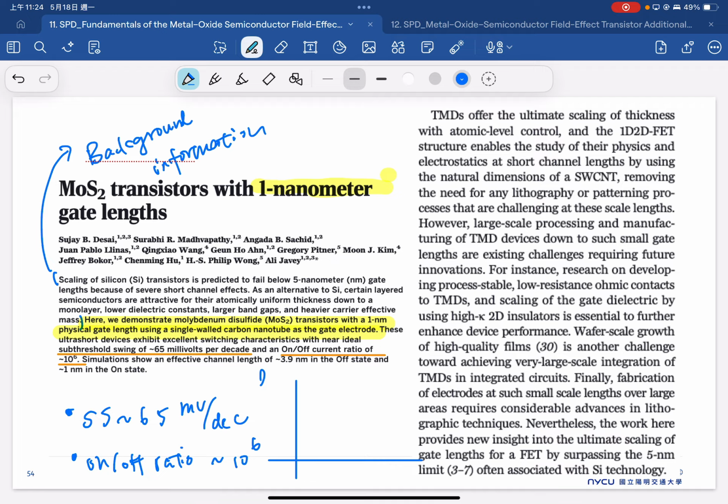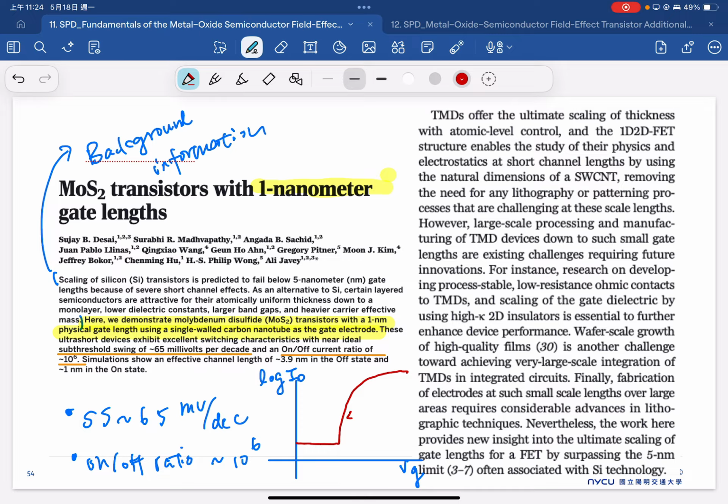If you plot log ID versus VG, then without looking at their characteristics in the text, we can already expect what the result from this paper could be.